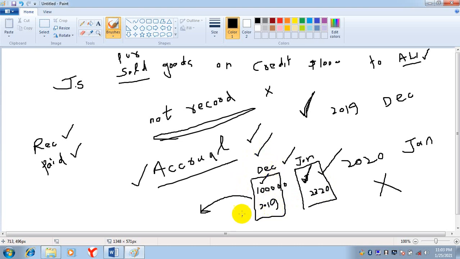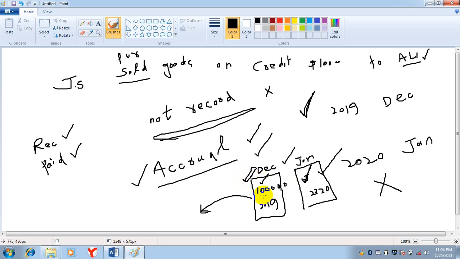Employees are working for us in December, but we are making payment on the 5th or 6th of January. According to accrual basis of accounting, transactions will be recorded in that year or in that month in which they perform their services.